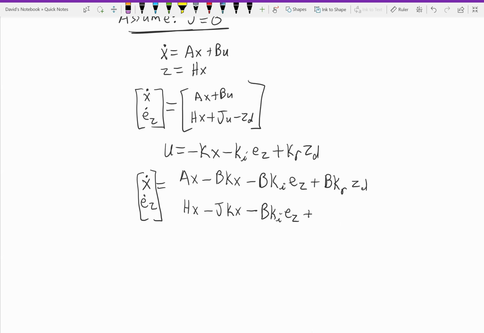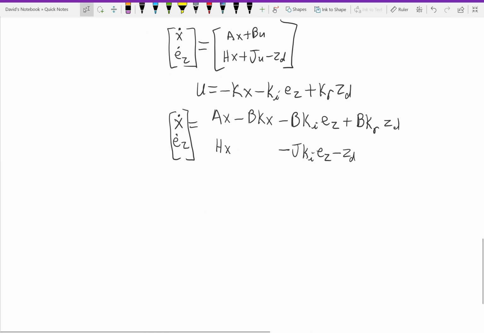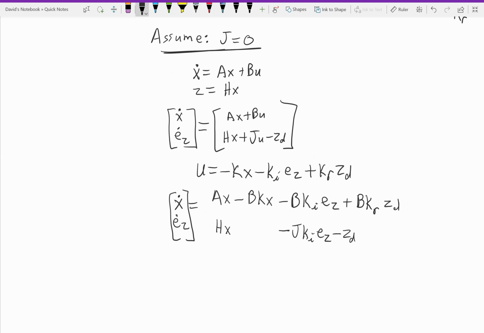So, as a result, we will simply have minus zd, and remember that it's 0 over here too. So we will simplify it down to Hx minus BKi ez minus JKi ez minus zd. Again, J is 0 here too. And so that just becomes Hx minus zd.